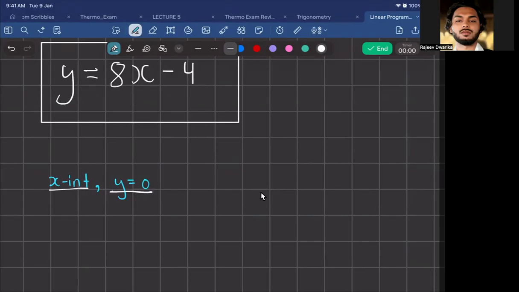Yes, sir. Okay. So if y is equal to 0, are you going to replace x with 0? Does that make sense? No. Think about it. If y is 0, then we know what y is. So in this equation, how could I write that? 0 equals 8x minus 4. Right.